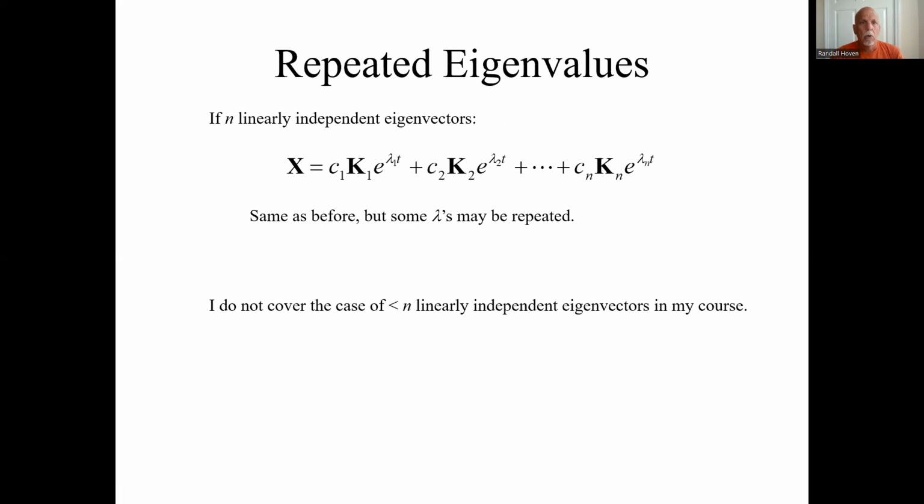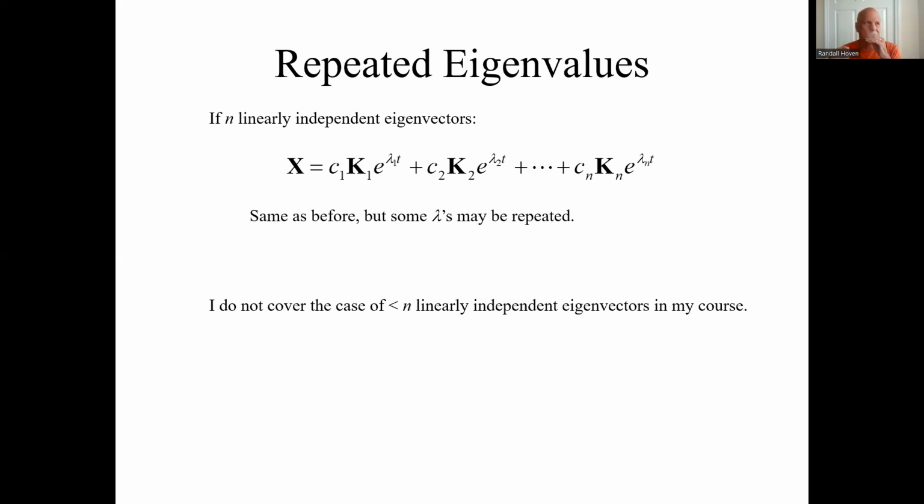If you don't have distinct eigenvalues, but you have n linearly independent eigenvectors, it's the same solution. It'll just be that some of these eigenvalues are repeated. I do not cover the case where you don't get n linearly independent eigenvectors for an n by n matrix.